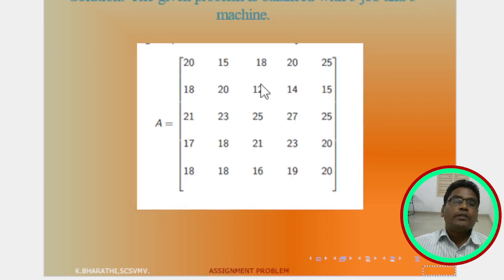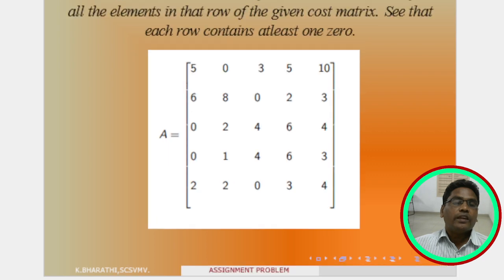Here, from the given payoff matrix, we have to apply the row subtraction and column subtraction. Initially, we can do the row subtraction or column subtraction, whichever you prefer. Now I am choosing the row-wise subtraction.